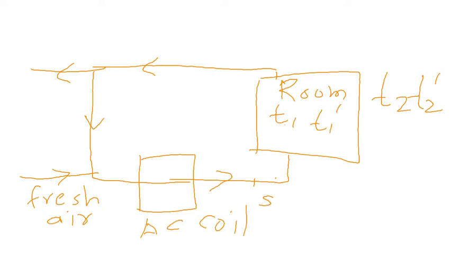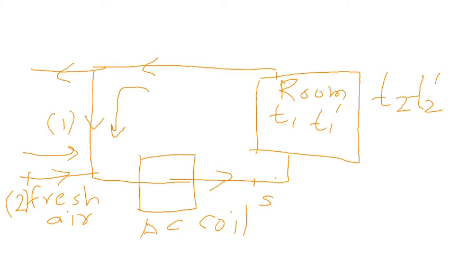So partly the room air is recirculated and partly you are mixing it with fresh air. So this is a typical process. Let us say that this is at state 2. This is the outside condition. And this is the inside condition, so this would be at state 1.